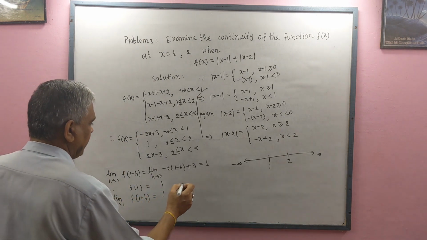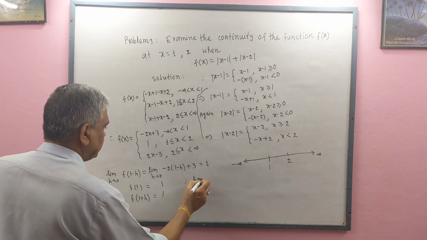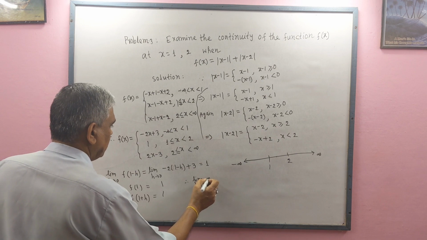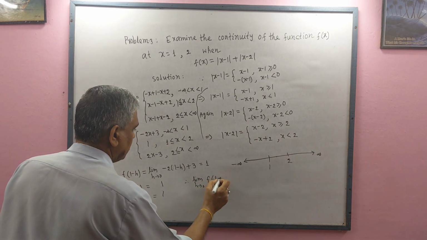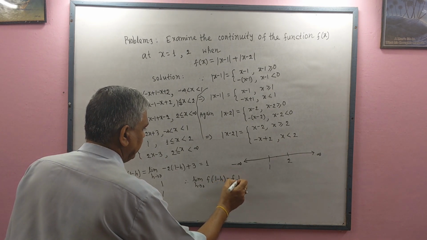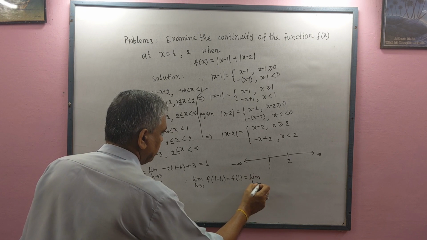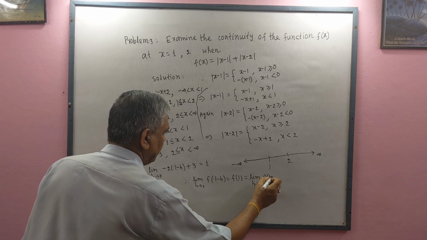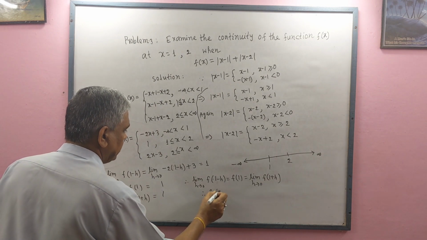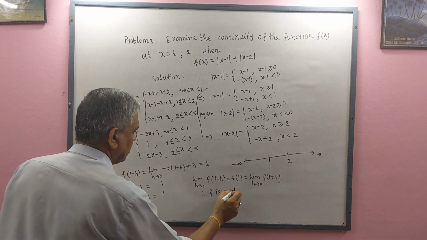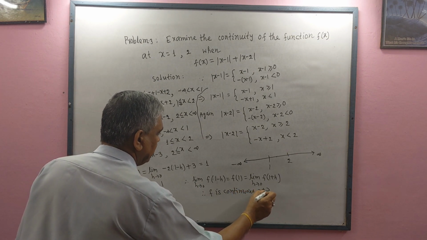Therefore, limit h tends to 0 of f(1 minus h) equal to f(1) equal to limit h tends to 0 of f(1 plus h). Therefore, f is continuous at x equal to 1.